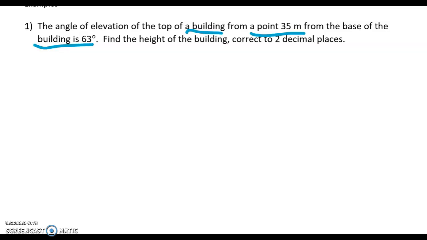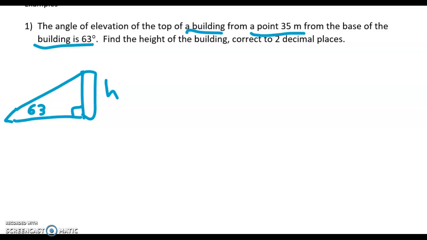So a quick sketch of that, we'll see that we have some building here with height h. We've got an angle of elevation 63 degrees up from the horizontal, and the distance is 35 meters from the base.